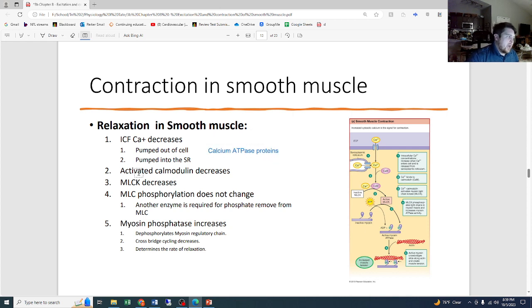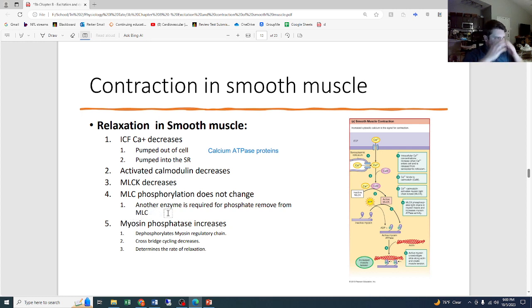The amount of activated calmodulin decreases. Because the calmodulin is no longer active, the MLCK is no longer going to be active. But this actually doesn't change the phosphorylation of the myosin light chains, of those myosin chains. So another enzyme is required for the phosphate removal from the myosin.